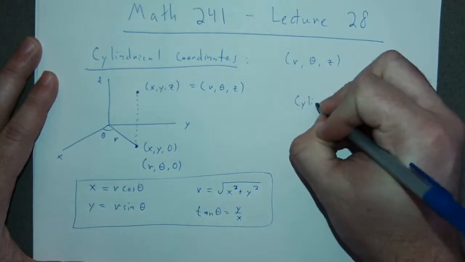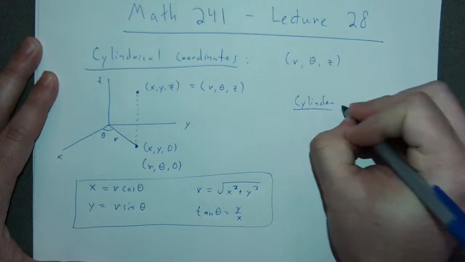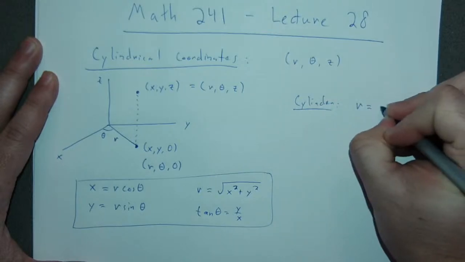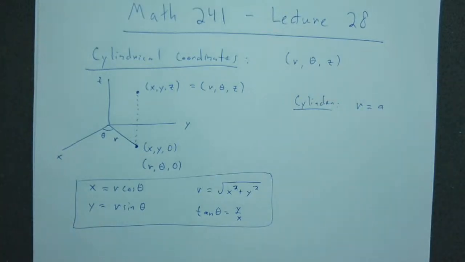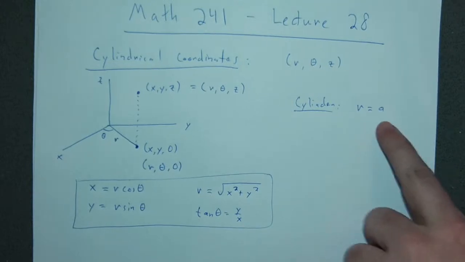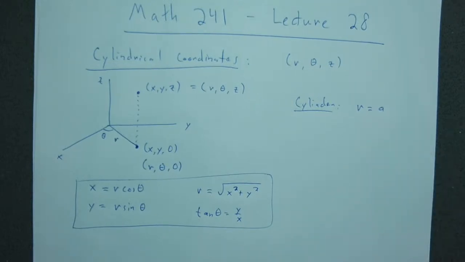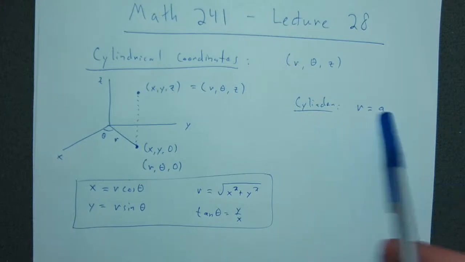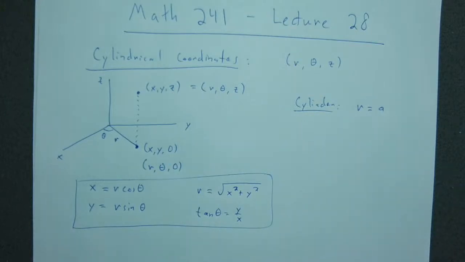A cylinder in cylindrical coordinates is given by r equal to a, for some positive real number a. If you're confused by this, refer to the end of the previous lecture, where I made a table of surfaces, a cylinder, sphere, double cone, and circular paraboloid, listing what each is in both rectangular and cylindrical coordinates. Have a look at the last lecture video.